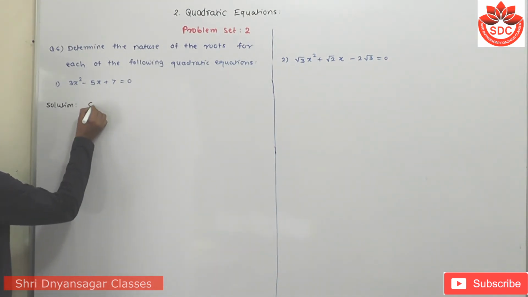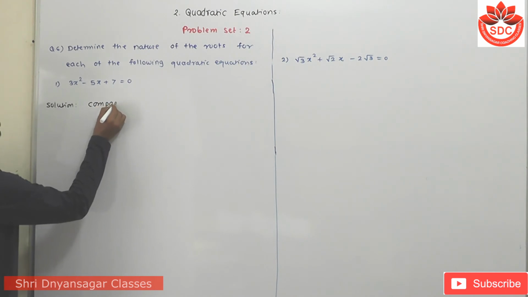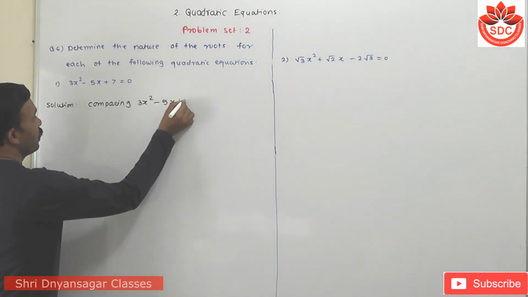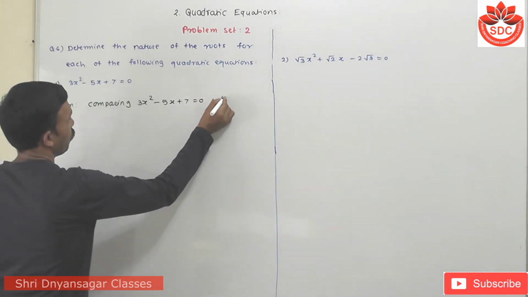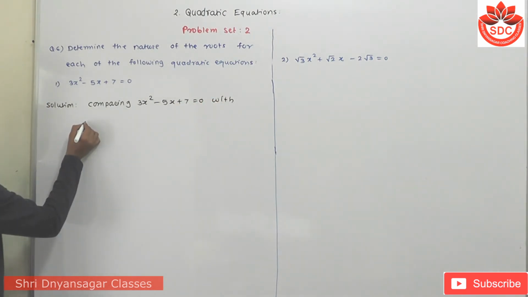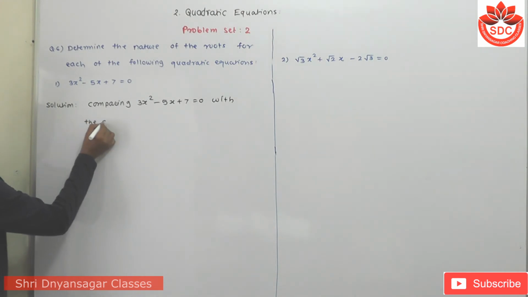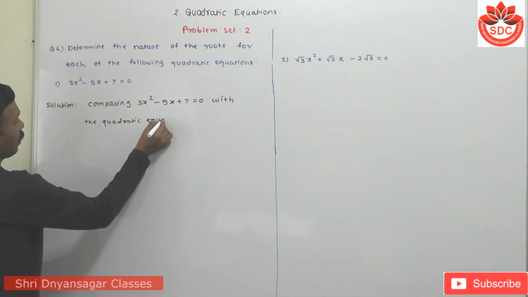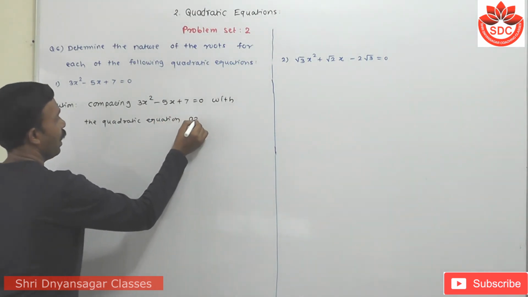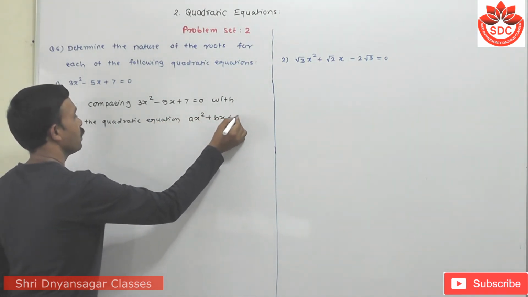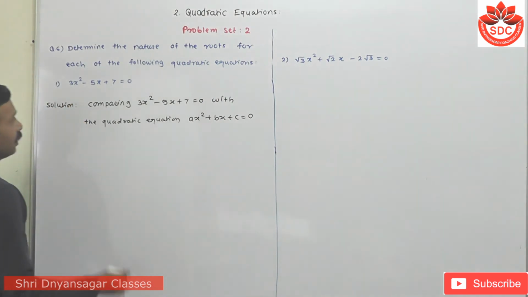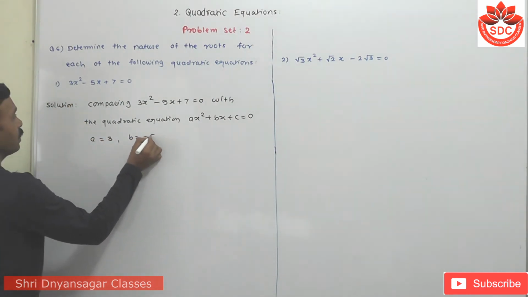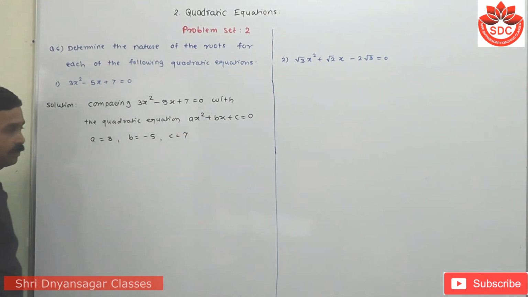Comparing it with the quadratic equation ax square plus bx plus c is equal to 0, we get a is 3, b is minus 5 and c is 7.